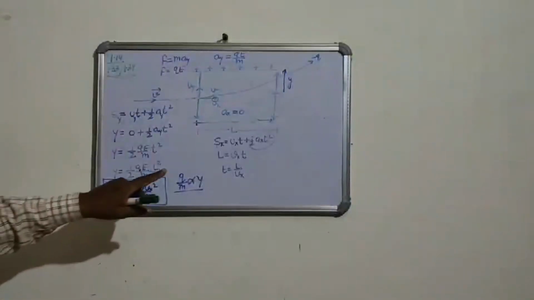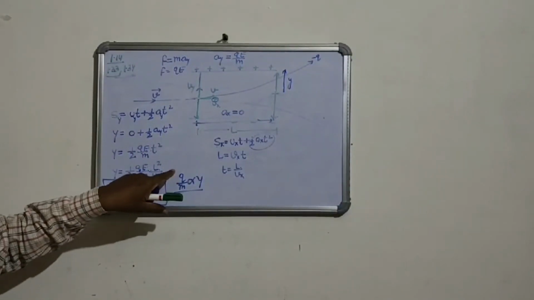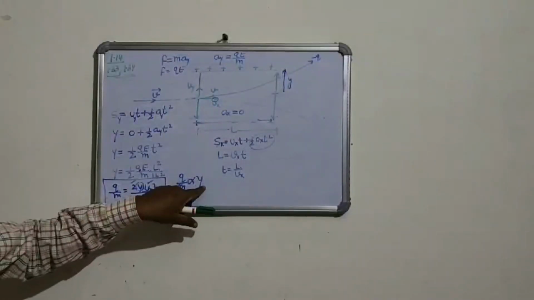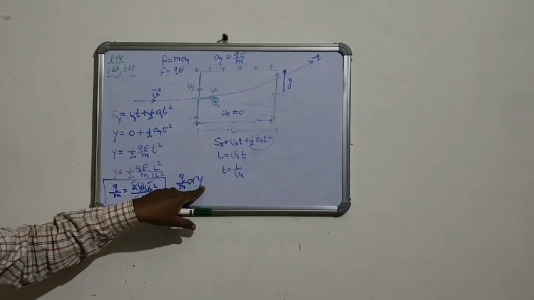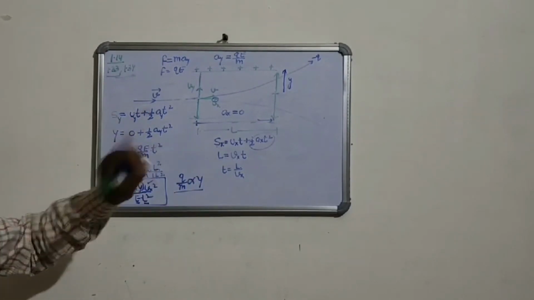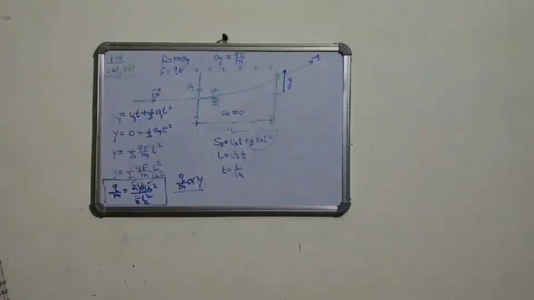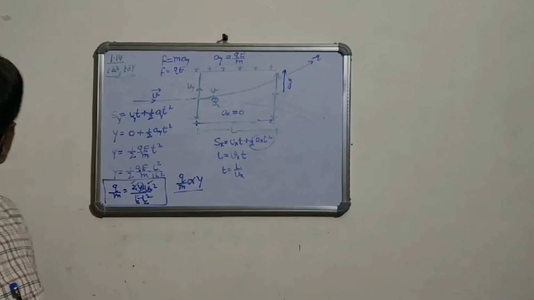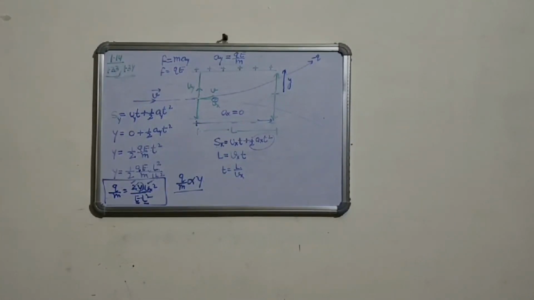That means the charged particles that have more Q by M value have maximum displacement y. According to the figure we can observe that the third particle has more displacement than 1.